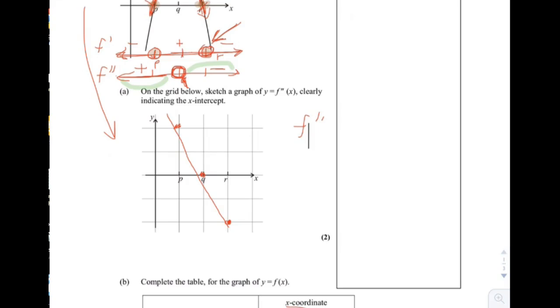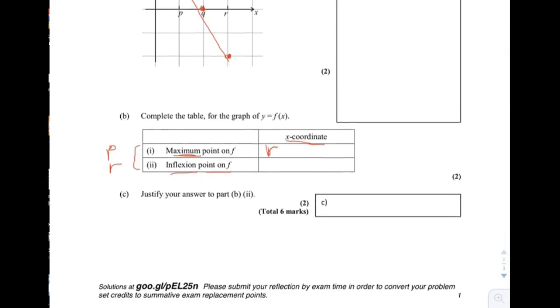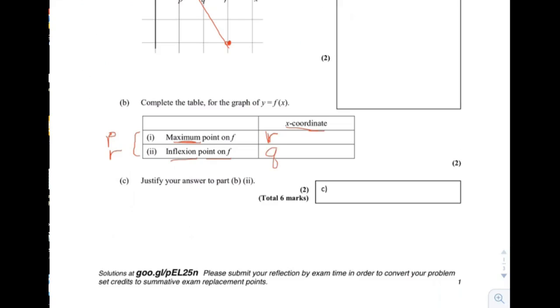And if you look at f dash, it's not a stationary point. So it is an inflection point, it's just not stationary. So we'll say Q is the inflection point. And then we'll say, the reason why we say that B part 2 is Q is because the f dash dash is equal to 0 at x equals Q.